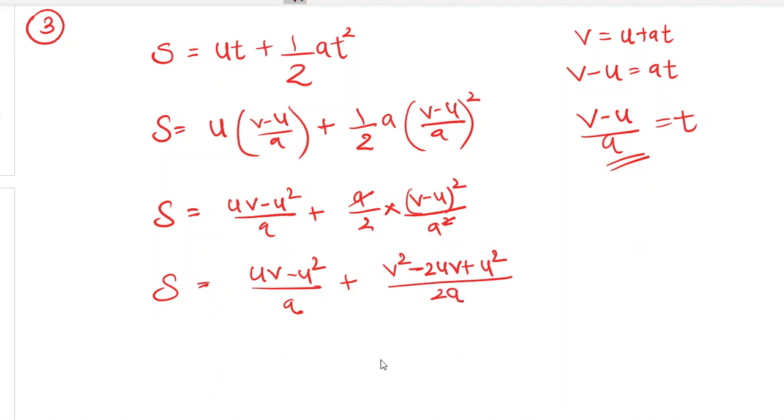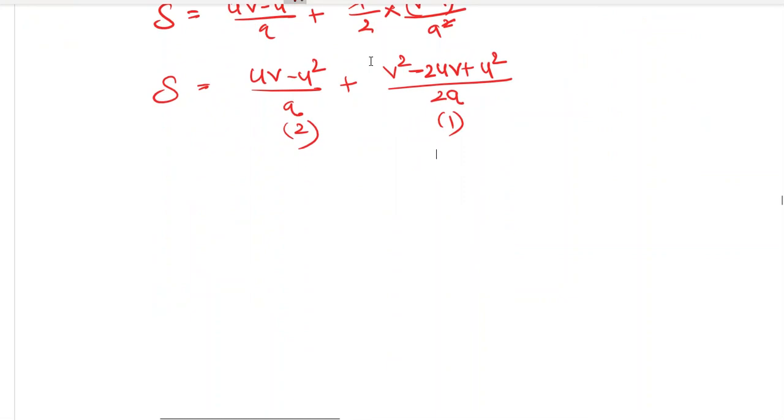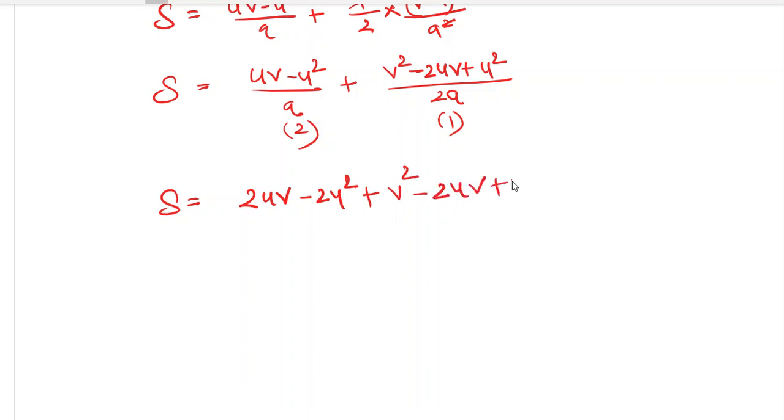Now we'll take LCM. So here it will be 2 and here it will be 1. Now 2 will get multiplied in the numerator. So 2uv minus 2u square plus v square minus 2uv plus u square upon 2a.